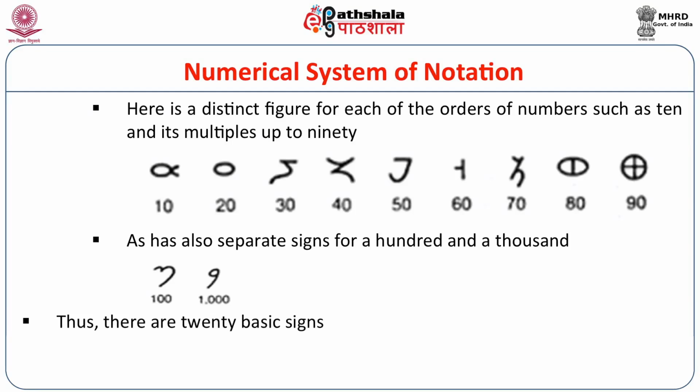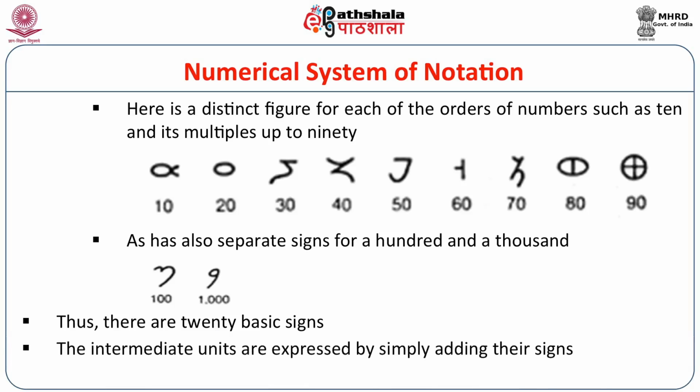Thus there are 20 basic signs. The first three numbers, then 4 to 9 with special symbols, 10 and its multiples up to 90, and a separate sign for 100 and 1000. In all there are 20 basic signs, and the intermediate units are expressed by simply adding their signs.